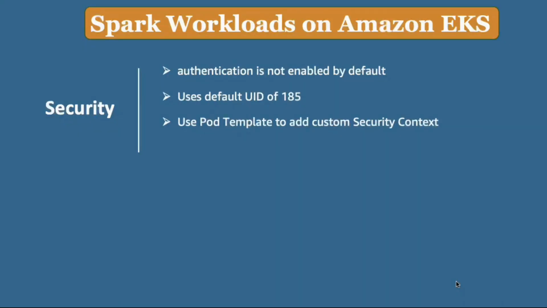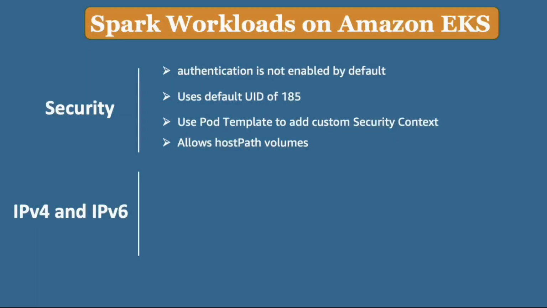You can also use a powerful feature which is pod template. Using that you can provide a customized security context field, and using which you can further provide the permissions at a very granular level to the pods. It could be driver or the executor pods. Then host path volumes you can leverage if required, otherwise you can avoid them because it's also a sensitive security issue to access the host path from the pods.